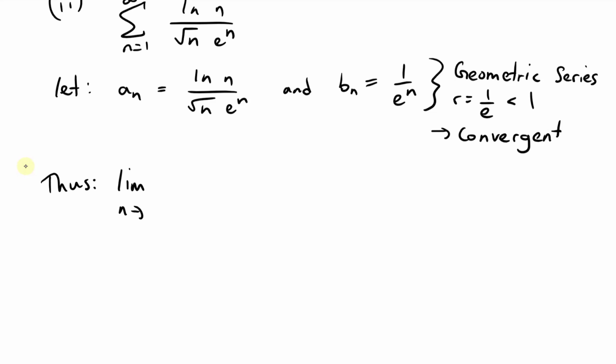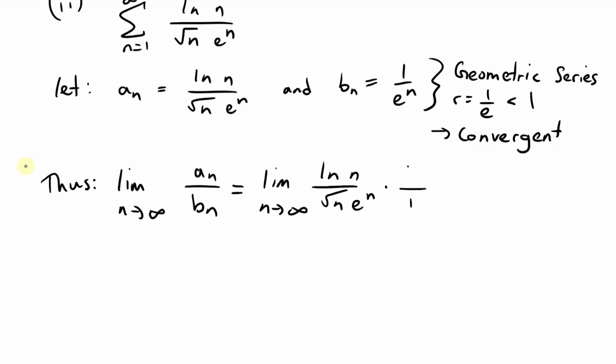So the limit as n approaches infinity of a_n over b_n equals the limit as n approaches infinity of ln n over square root n e^n, times, since we're dividing by b_n, the 1 at the bottom and e^n on the top.